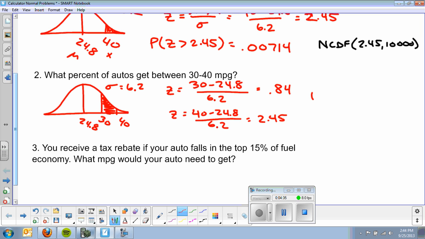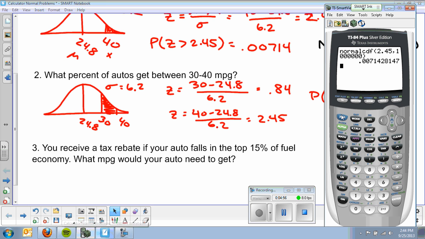Now, I'm basically looking for the probability that z is greater than 0.84 but less than 2.45, which again, we'd have to look up in the table. It gets a little tedious. The calculator can do that just by using 0.84 and 2.45 as my min and max.